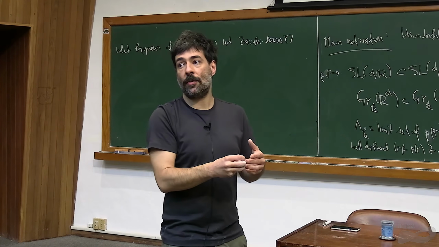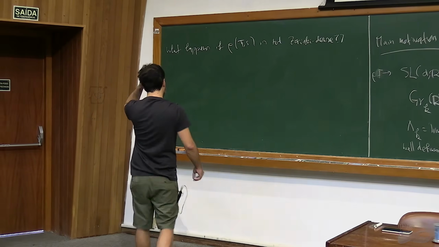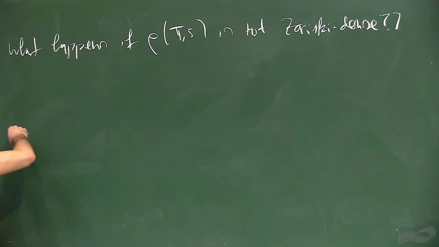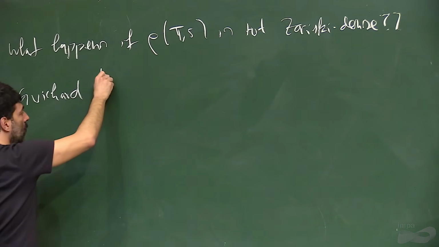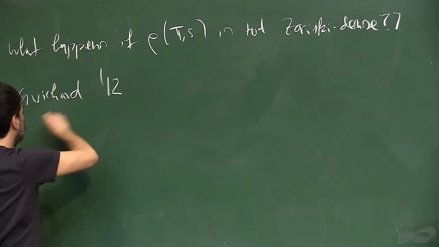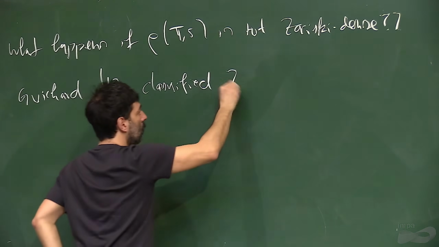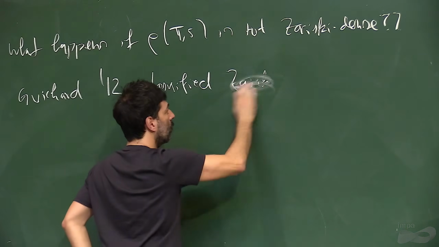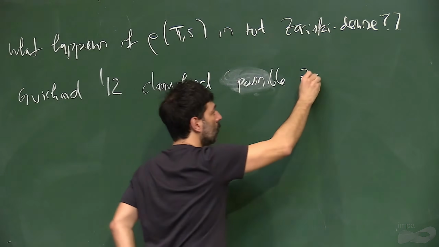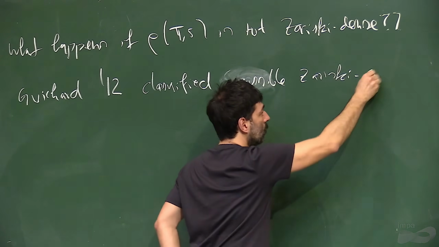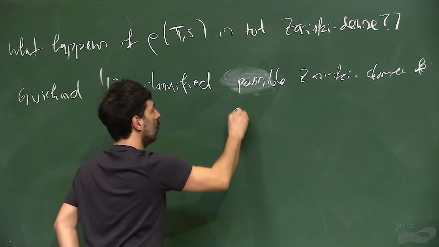The problem is what happens along the function, or when it's not Zariski dense. So essentially, Guichard in 2012 classified possible Zariski closures of a Hitchin representation.